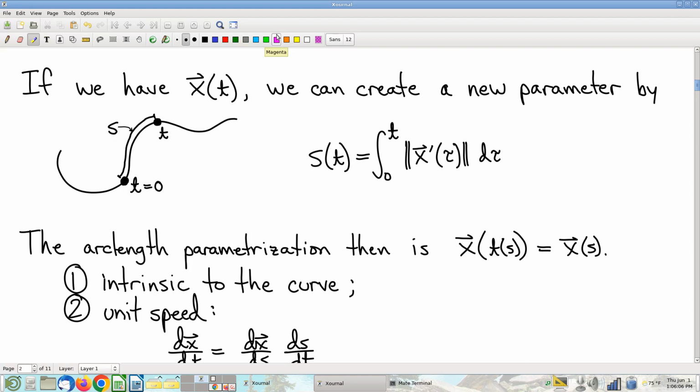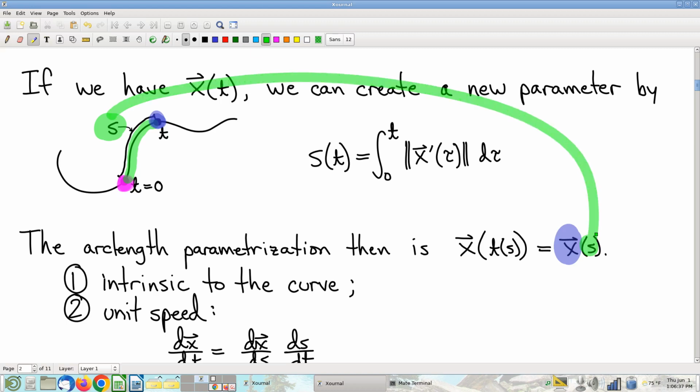Right? So, for example, if your fixed reference point is here, and you start driving along the road, let's try to keep it on the road, driving along the road here. After you've gone a certain amount of time, who cares what the time is, but once you've traveled a certain amount of distance, then you can talk about your position, x, as a function of how much distance you have traveled, s.